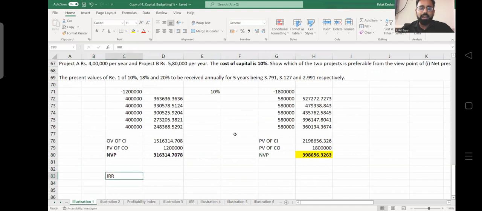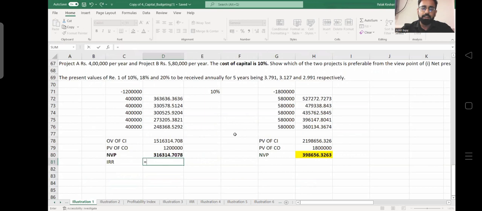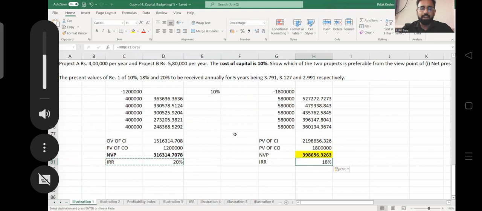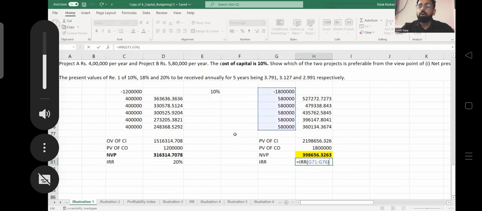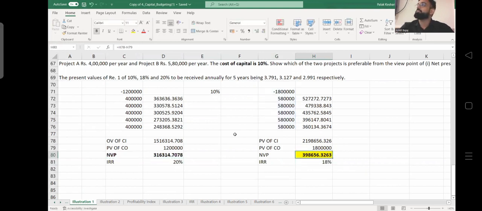If I calculate the IRR of these two projects, I will write IRR, open up the bracket, and select the cash flows. Here you see the IRR is 20%, and in this case the IRR is 18%. Now, as per NPV, which business is giving more profit?